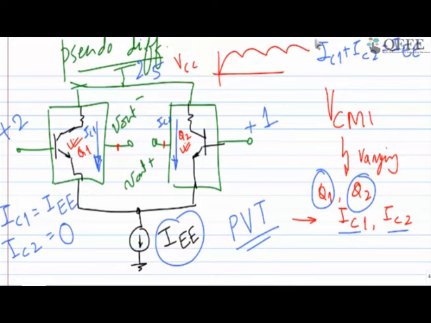So this is what we are expecting in our case, and that's how these current ratios are not depending on process, voltage or temperature, because this current which is here is provided by a current mirror, and a current mirror circuit is process, voltage and temperature independent.